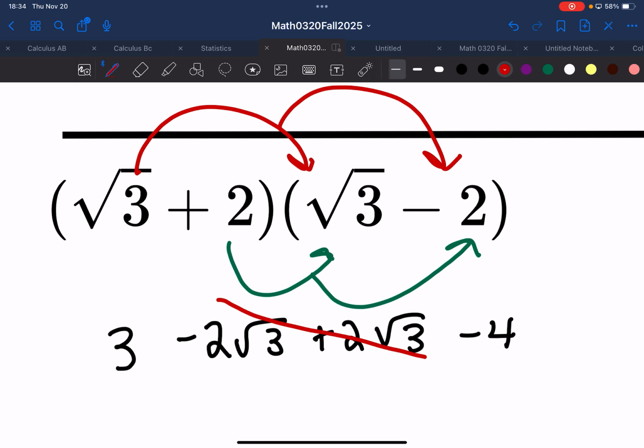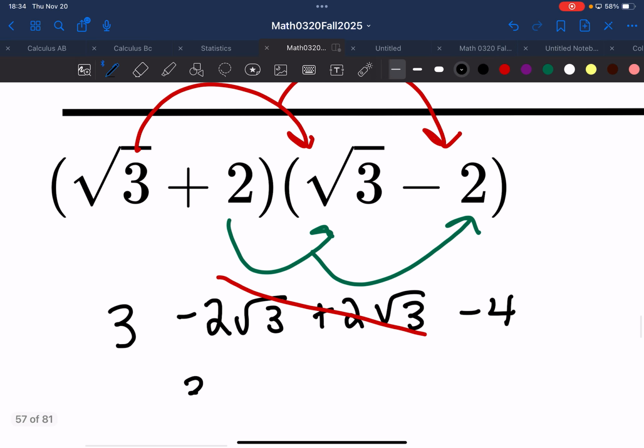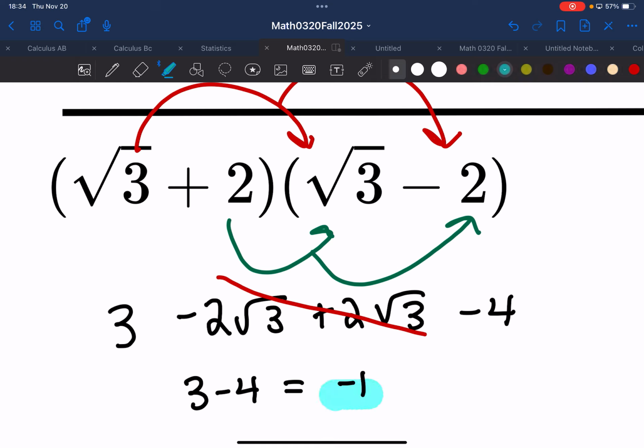So that means in this one, we are just left with 3 minus 4, which is negative 1. I'm sorry, I don't know why I thought it was going to cancel it out because it was 2 negatives, but we used the negative in the middle one. So this would be an instance where we got a numerical answer, and that was only because the square roots canceled themselves out.